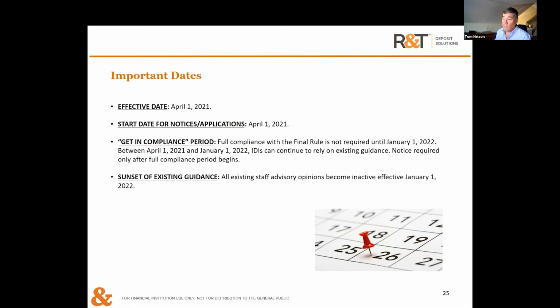But as of January 1st, everything sunsets except for this rule. So any opinion, rule, interim rule, anything like that that's come from the FDIC or anybody else, that all sunsets. And this becomes the complete and only law of the land as it pertains to broker deposits as of January 1.